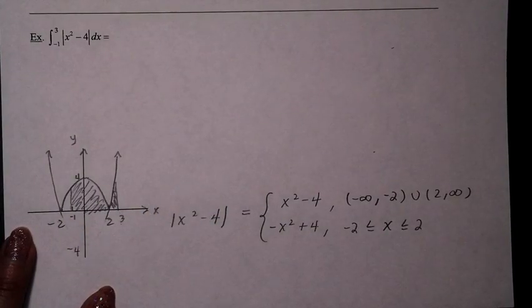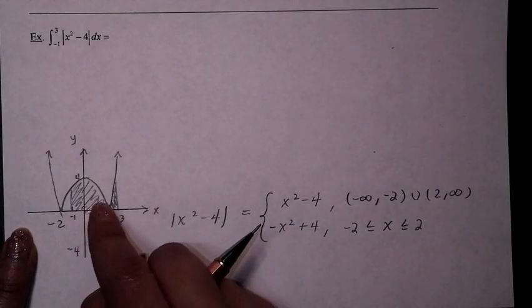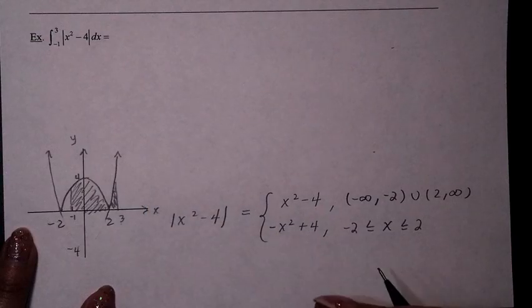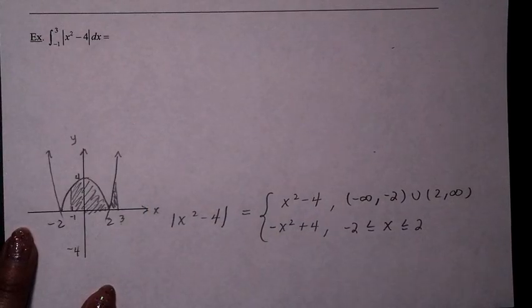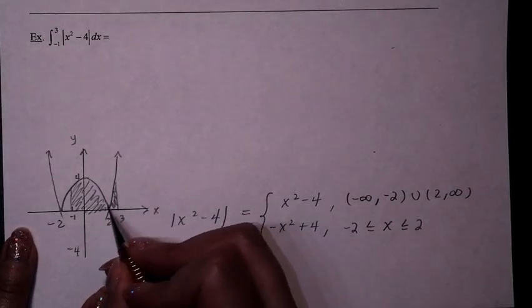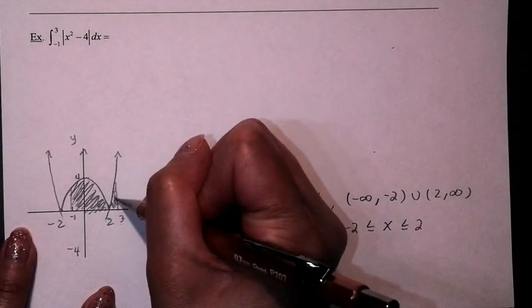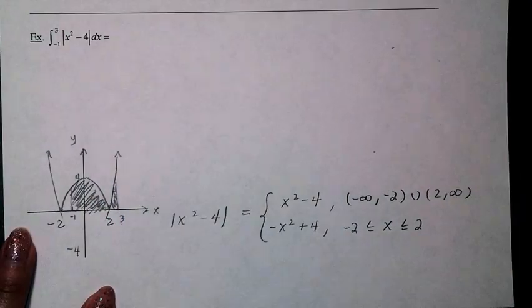Cool. Now that we can see the area that we want, and we can see that it's problematic, what can we do, following the idea from the previous problem? We need to split this area into 2 pieces: this piece here, and the piece over here. Do you see it?